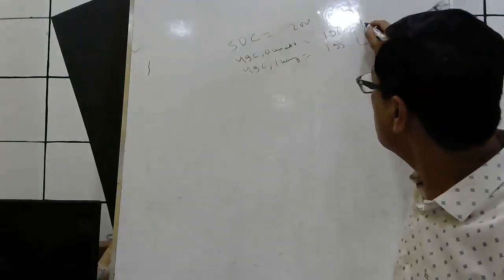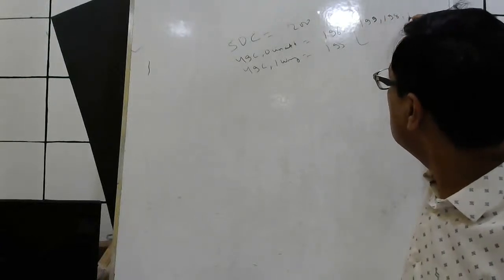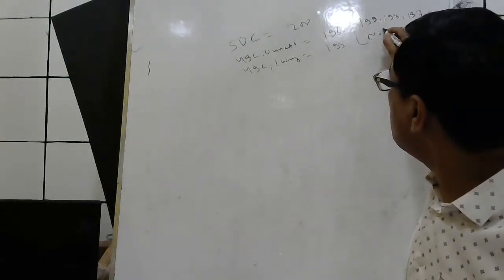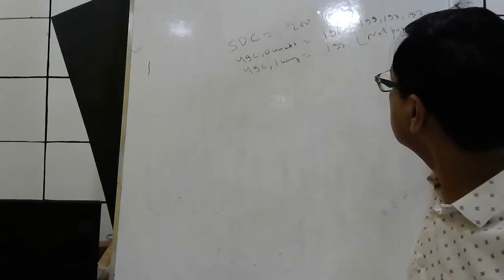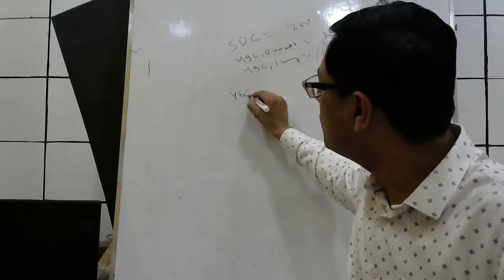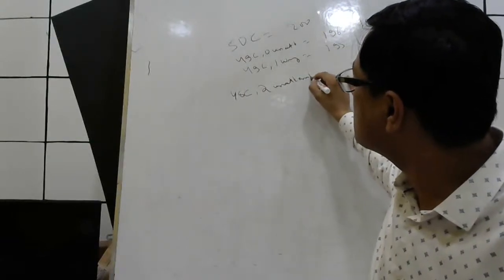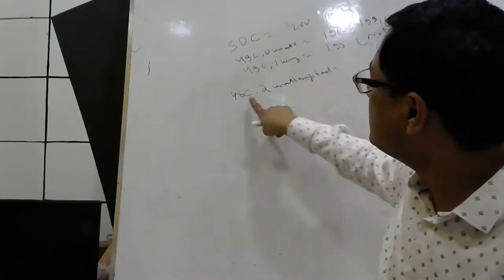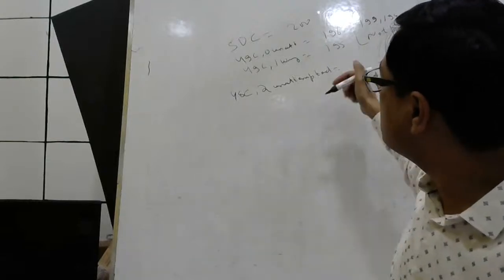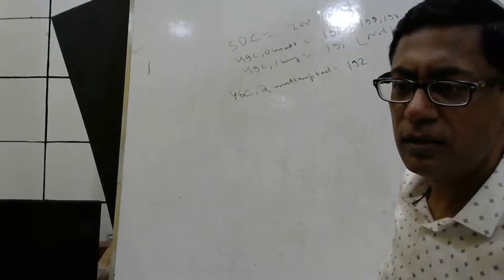We also know 199, 198, 197 not possible. Okay, let's come to 48 correct now. 48 correct, 2 unattempted questions means 48 into 4 is 192. So 192 is the raw score, right?